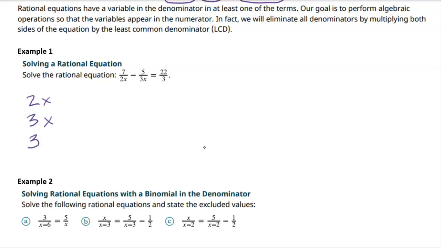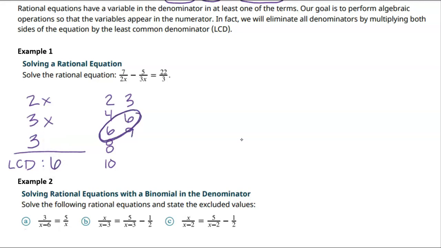If I just look at my numbers for this least common denominator, I want to find the least common multiple of 2 and 3. So if I were to take out multiples of 2 and then take out multiples of 3, we see that that is 6.